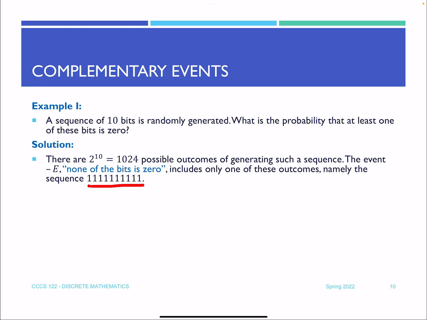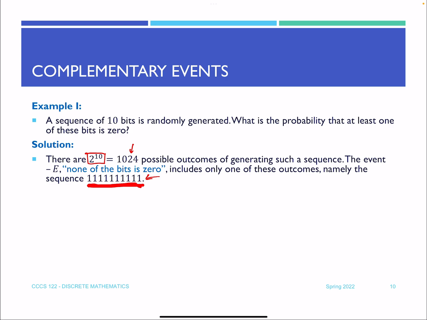And that probability is actually pretty straightforward. There are a total of 2 to the power 10 possible ways this 10-bit string could come up, which means 2 to the power 10 equals 1024. Only one of them contains no zeros at all, and that's the string that I have underlined over here.